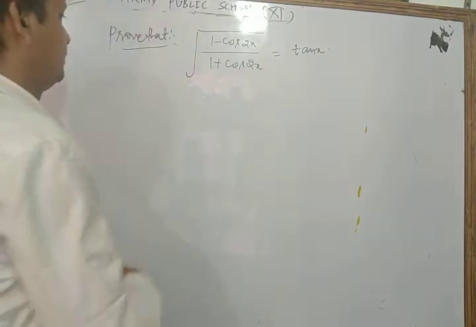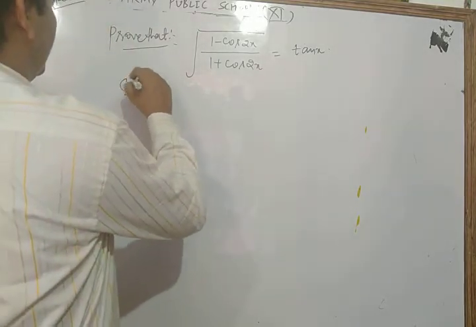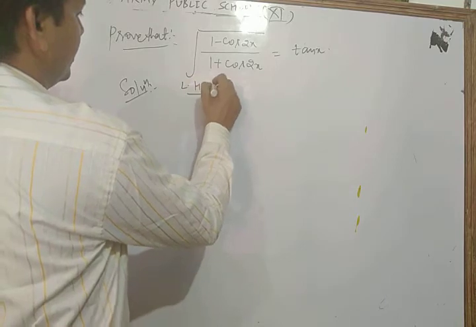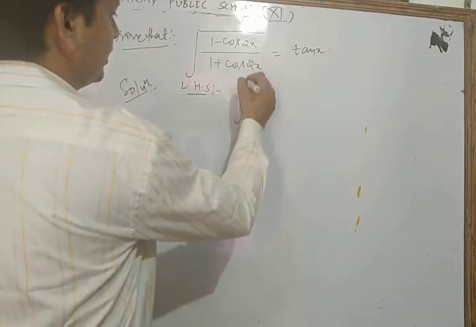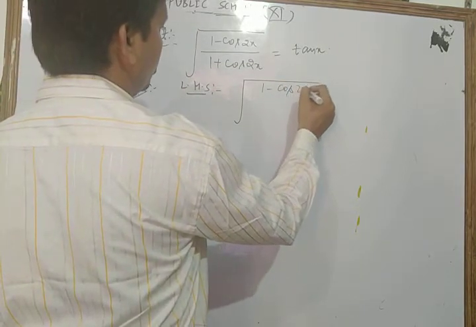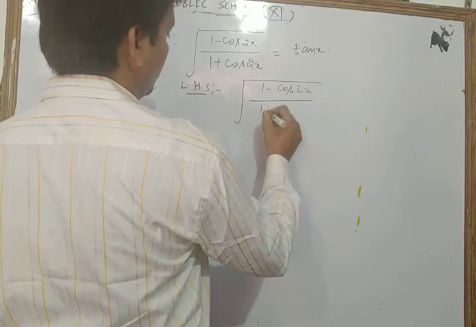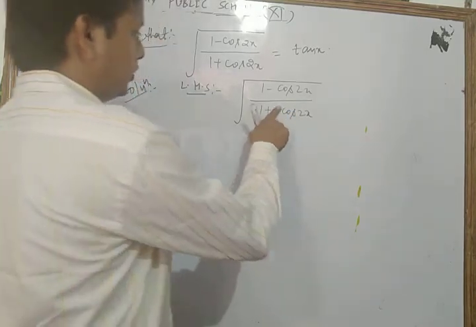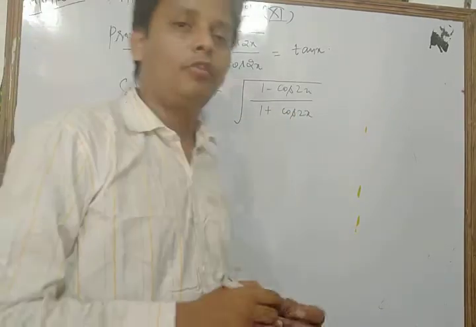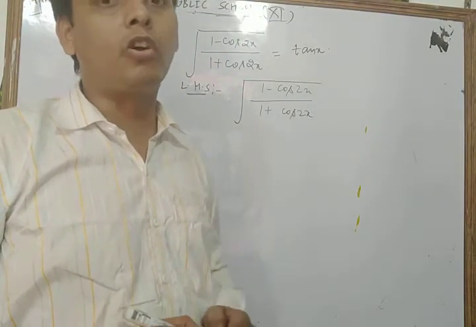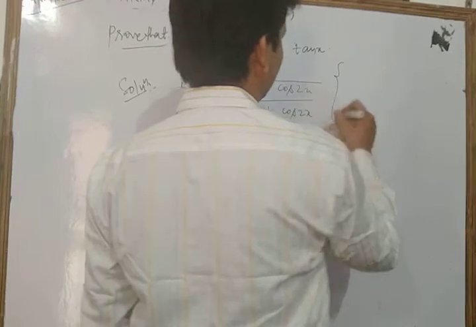Now take its solution. First of all, we take the left hand side as what? 1 minus cos 2x upon 1 plus cos 2x. And we know the formula for cos 2x in two different forms.